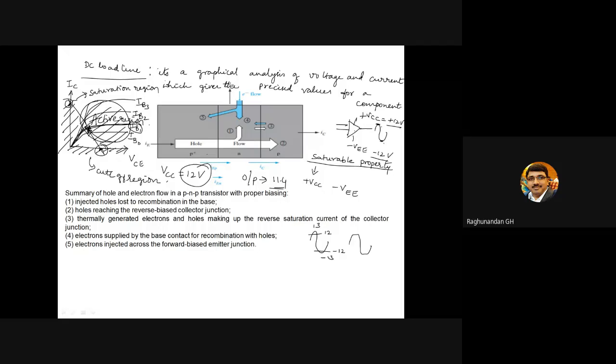Can someone tell me, the point of this intersection is in which region? Saturation, active, cutoff. It is in which region?